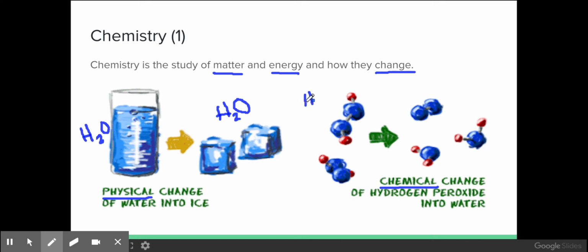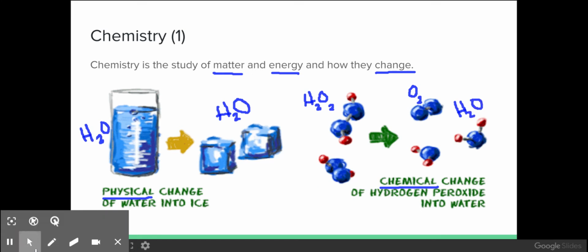A chemical change, on the other hand, takes substances that have a certain chemical structure, such as 2 atoms of oxygen and 2 atoms of hydrogen bound together. That's hydrogen peroxide. It breaks down into oxygen gas and water, 2 entirely new substances. That's a chemical change. And primarily in chemistry, we're more concerned about these types of chemical changes.